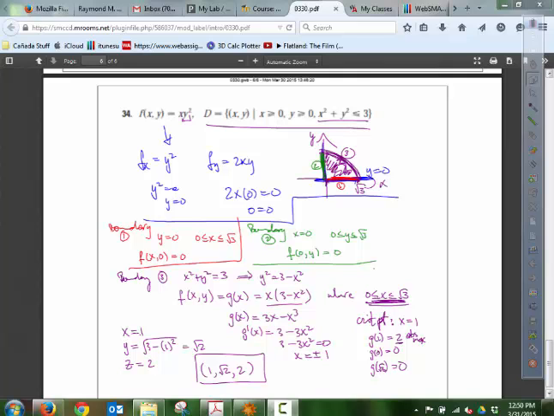If you remember what happened here, we focused on trying to find the critical points and then checking the boundaries to see if we have maximums or minimums around the boundaries. So today we're going to carry on with the same ideas, except we're going to focus mainly on the boundary.